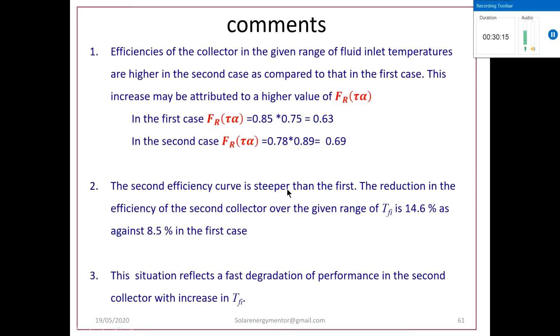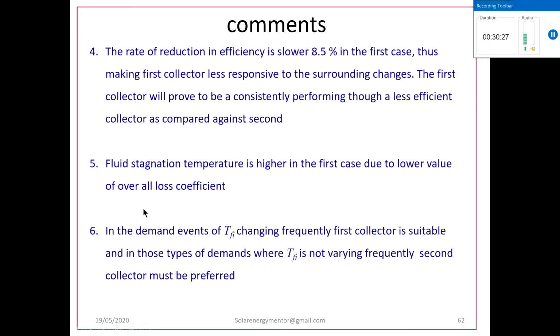So we can make a small inference here that a higher stagnation temperature does not indicate a higher efficiency collector. So coming to the next comment, in demand events where TFI, the collector fluid inlet temperature, is changing frequently, the first collector is suitable because it is less responsive to the changes in the fluid inlet temperature.